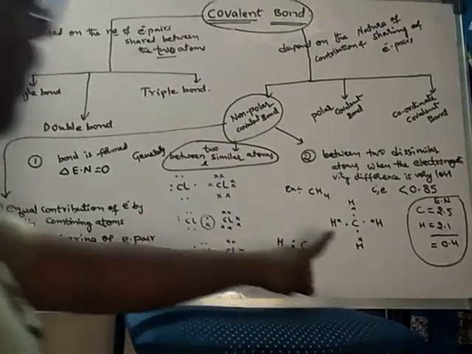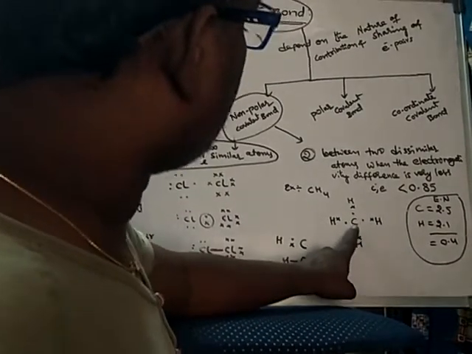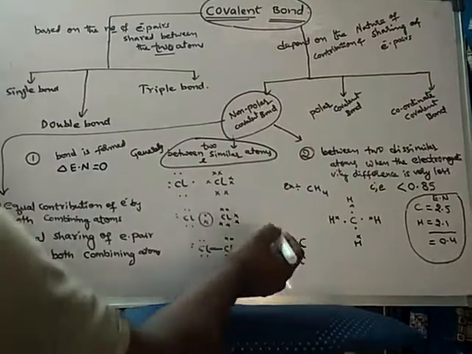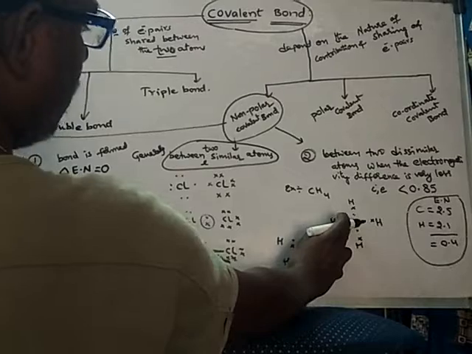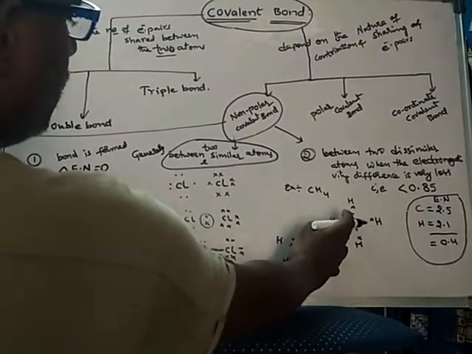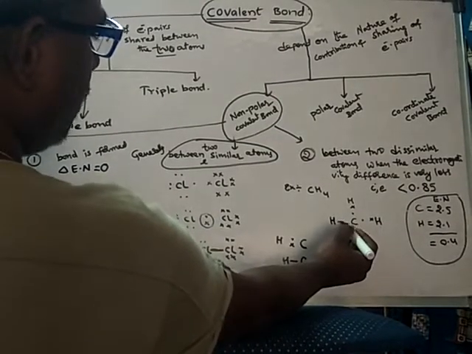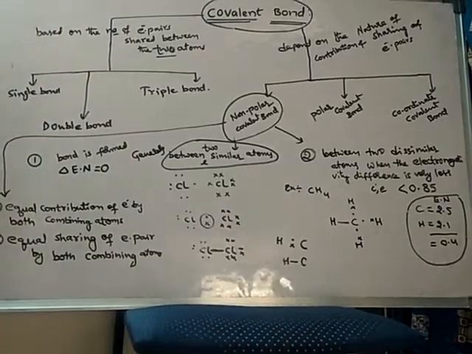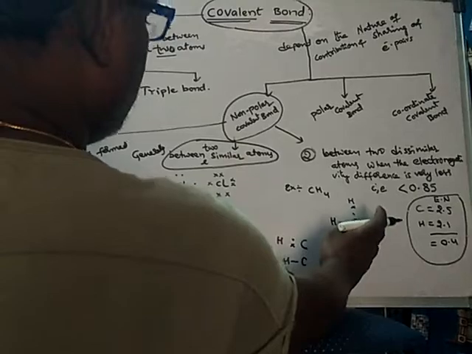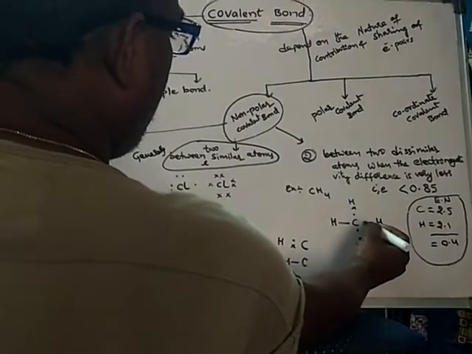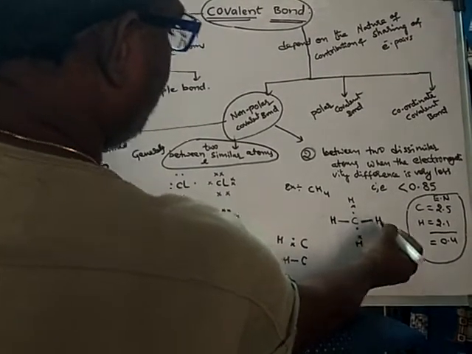In the same way, these 2 atoms also, this carbon and this hydrogen atom also. See, look here, I am drawing this bond. Now a bond is formed and this bond is a non-polar covalent bond. In the same way, between the carbon and this hydrogen atom also, you will find a non-polar covalent bond.